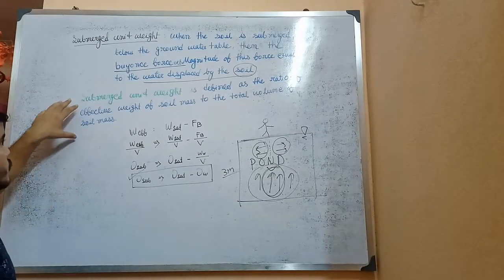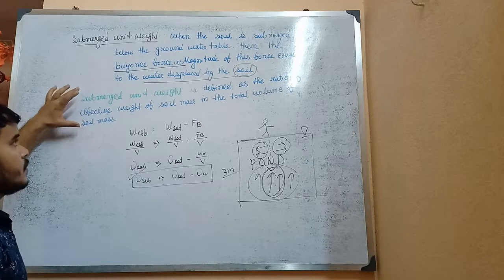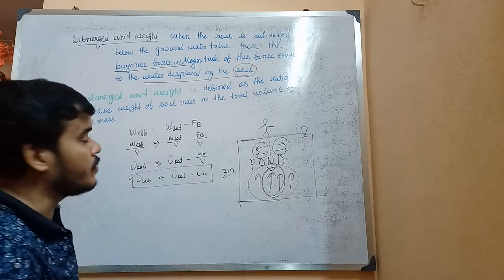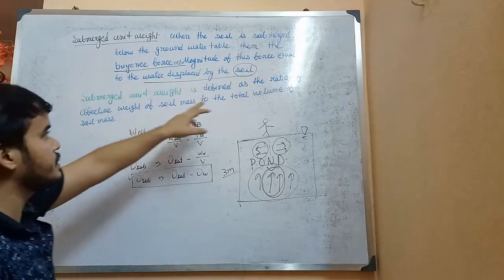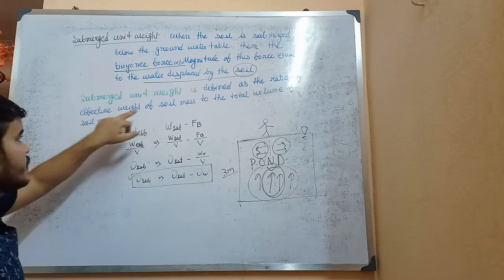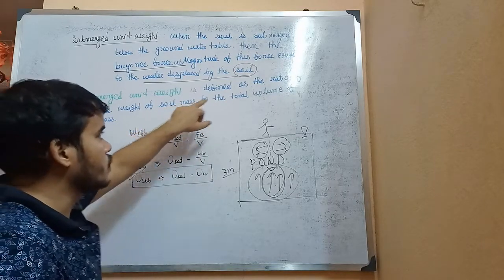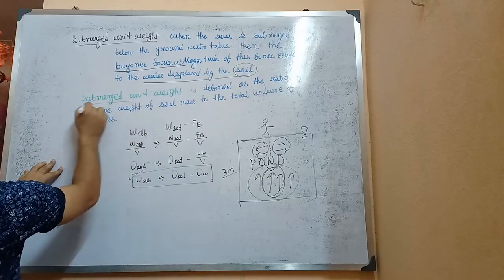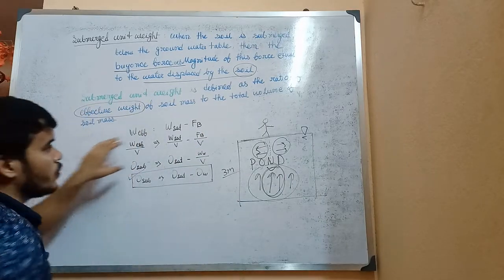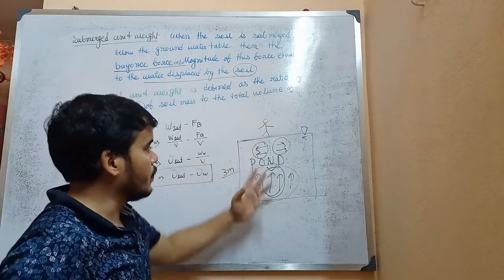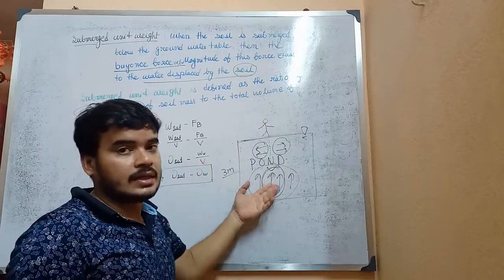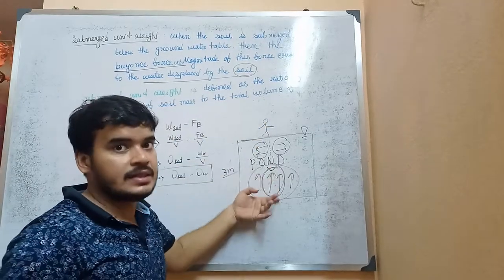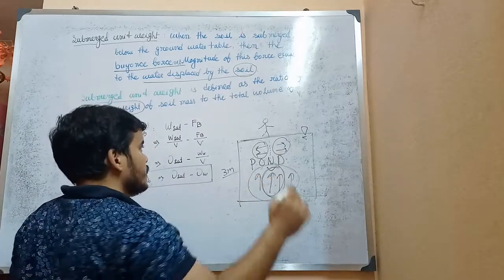Now, what is the definition of submerged unit weight? It is defined as the ratio of the effective weight of the soil mass to the total volume of the soil mass. Effective weight means your weight minus the buoyancy force, minus the resistance of the water.